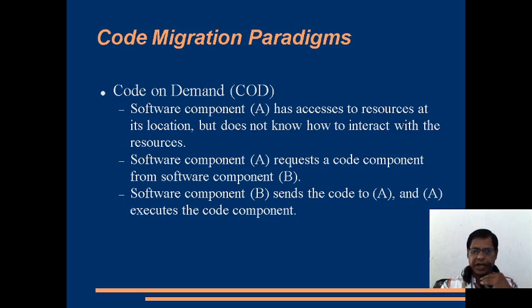Software component A requests a code component from software component B. So they are requesting the code, A to B. Software component B sends the code to A, and A executes the code component and sends the report.